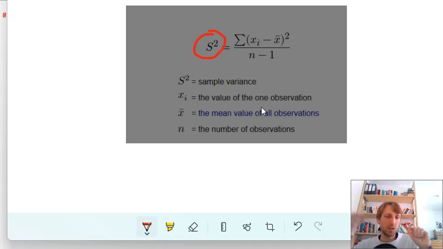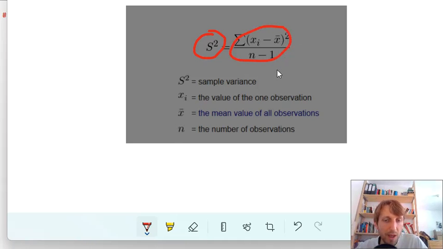If you have a certain number of data points and a mean value that you calculate as this part here, then it is the average deviation of those data points from the mean value. You can either have a data set that is widely spread around the mean value, or a data set where the data points are really close to the mean value. So this is the standard deviation, and you calculate it with this formula.